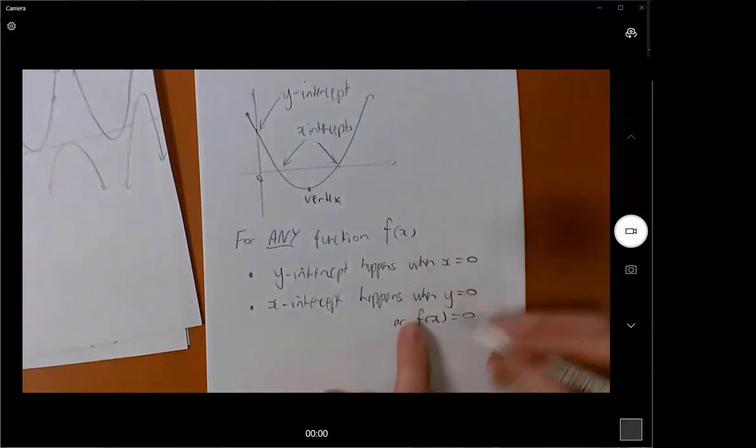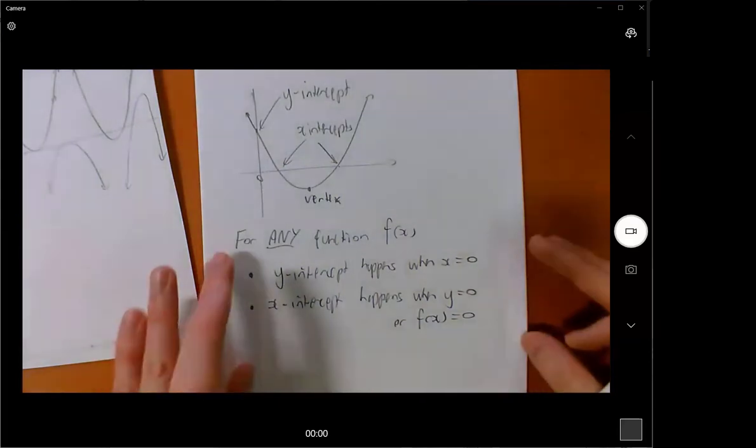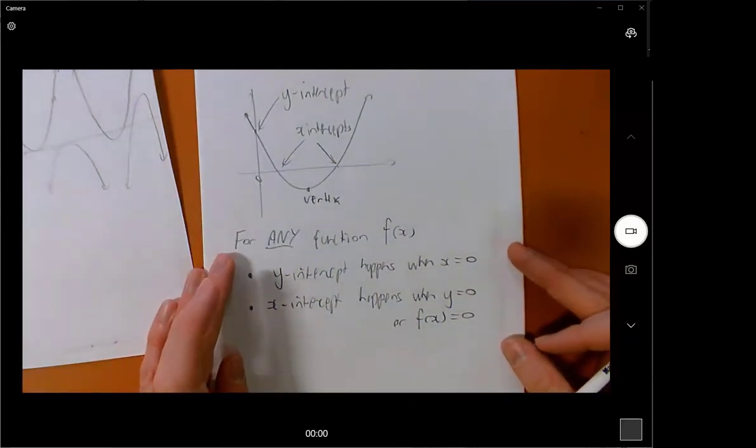It's just that when you're on the graph, y is equal to f of x for the points on this graph. Now, this is where it gets hard, because it's quite difficult for many functions to solve the equation f of x equals 0. But these are always the truth, always, for any function.